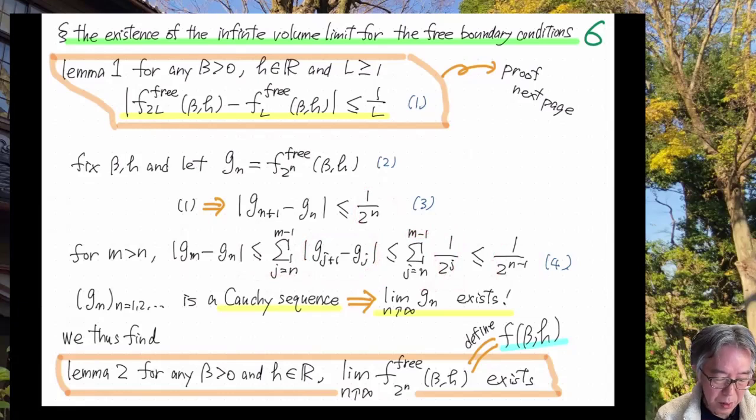And then this relation shows that this sequence is a Cauchy sequence. I hope you remember from your freshman mathematics the definition of a Cauchy sequence. It's one of the most essential characterizations of the set of real numbers, the completeness of real numbers.